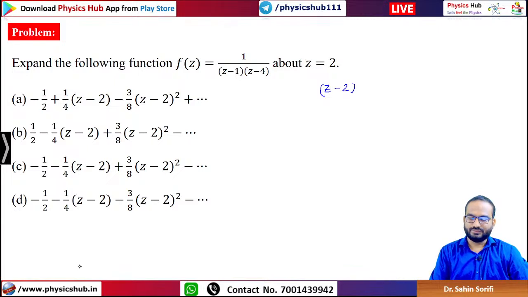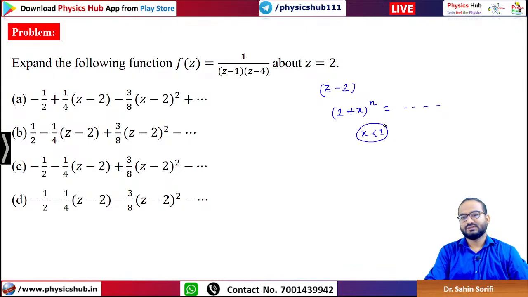And one thing you know, whenever, let's say in binomial expansion, when you expand this in an infinite series, do you know that this x is less than 1? Every time this x is less than 1.